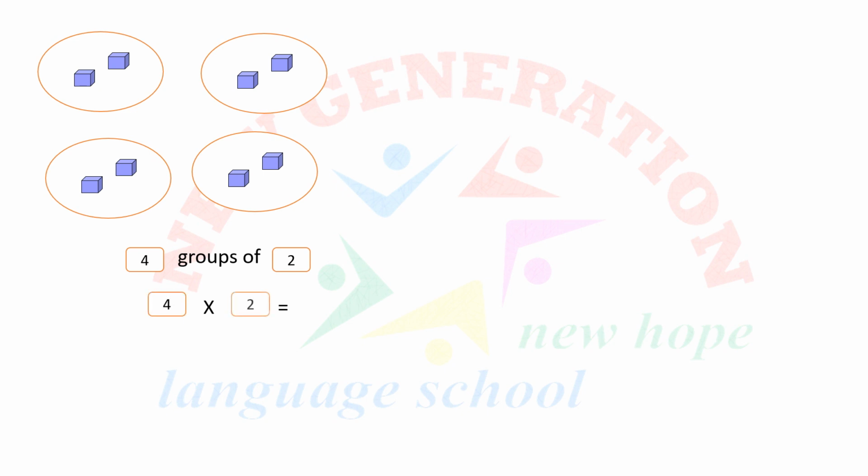So 4 times 2 equals 8. But why 4 times 2 equals 8? Because I add the number 2 to itself 4 times. The result, of course, will be 8.